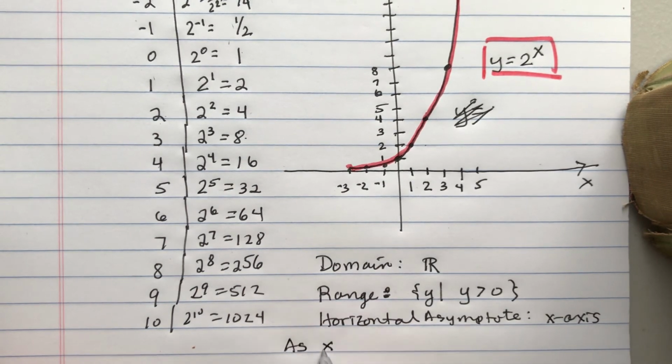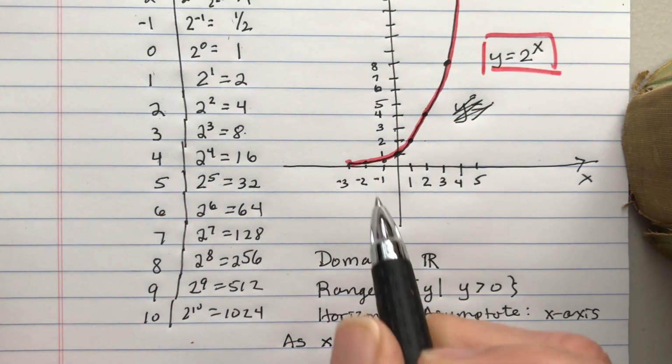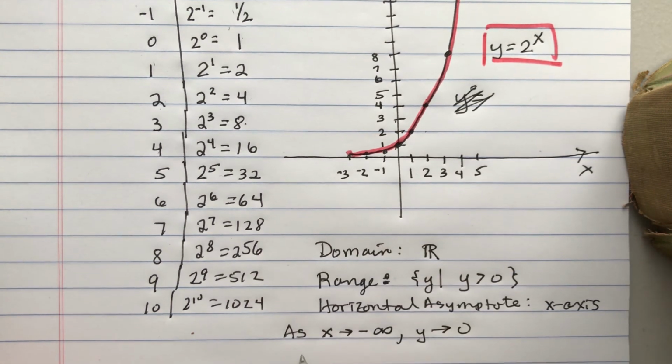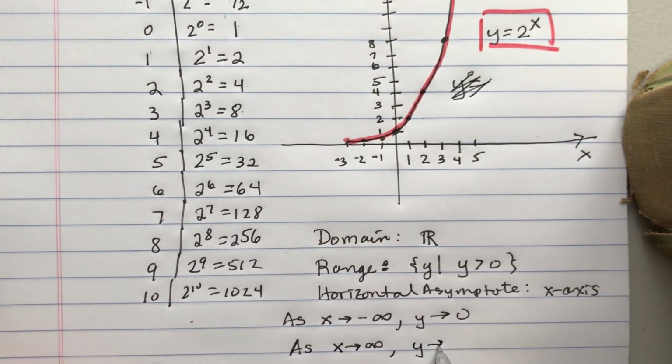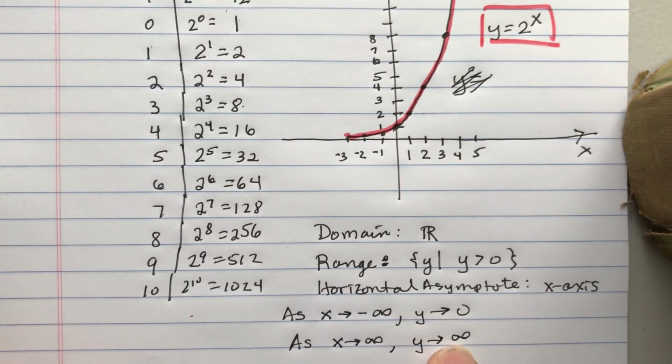As x approaches negative infinity, that means we go to the left. Y approaches 0. So as we go farther and farther left, y gets closer to 0. As x goes to positive infinity, which means x goes to the right, y goes to infinity, which is going up and up. Infinity is not a number.